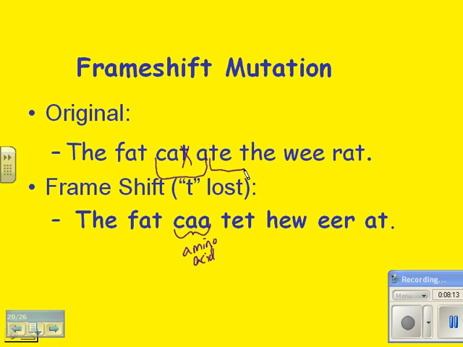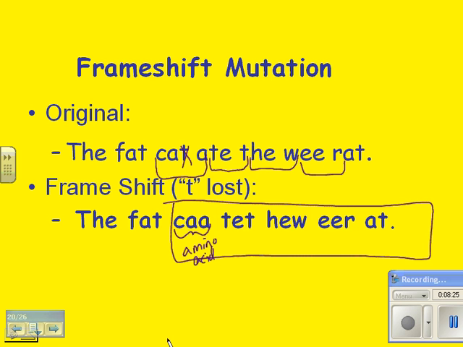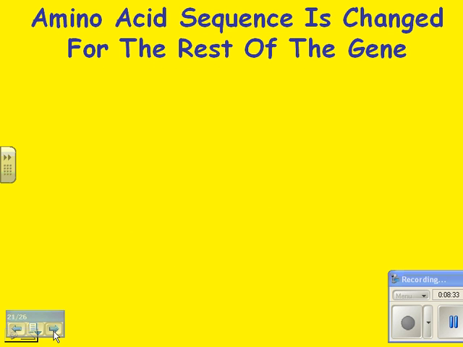So the next word is TET, and the next word is HEW, and the next word is EER, and so on. So a frameshift mutation will mess up the entire thing after the mutation, whereas a substitution only will typically mess up one codon, one amino acid. The amino acid sequence is changed for the rest of the gene.